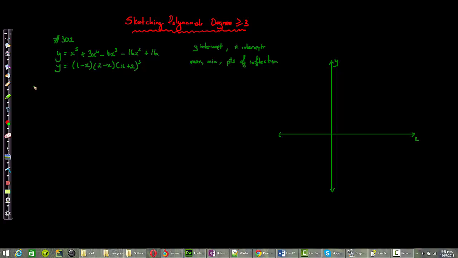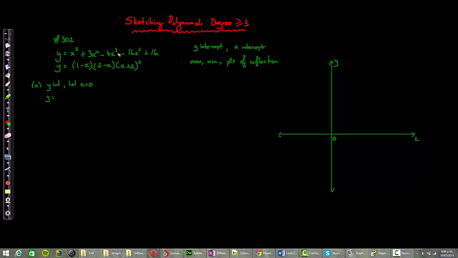So let's begin with, for a start, the y-intercept, which is usually quite easy to find. Now the y-intercept is where it's going to cut this y-axis over here. Now if you think about that, that's when x is equal to 0. So we simply let x equal 0 and then find out what the y value is.